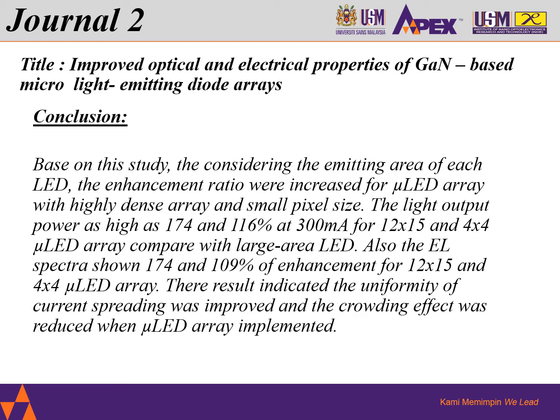And also, the EL spectra show 174 and 109% achievement for the 12 times 15 and 4 times 4 micro LED arrays. The result indicates that the uniformity of the current spreading was improved and the crowding impact was reduced for the micro LED array implementation.